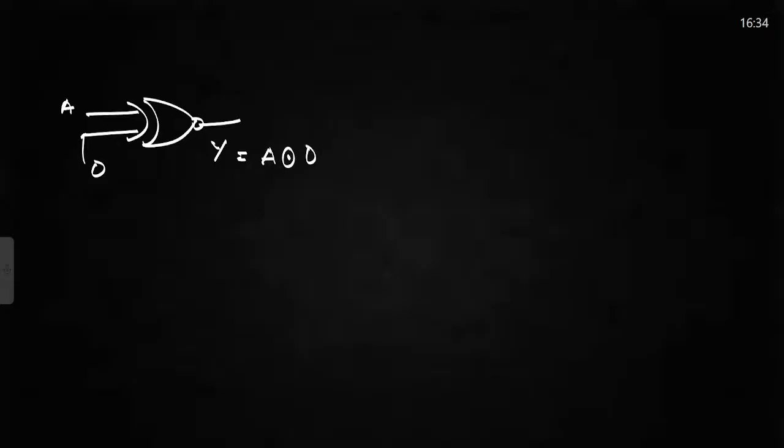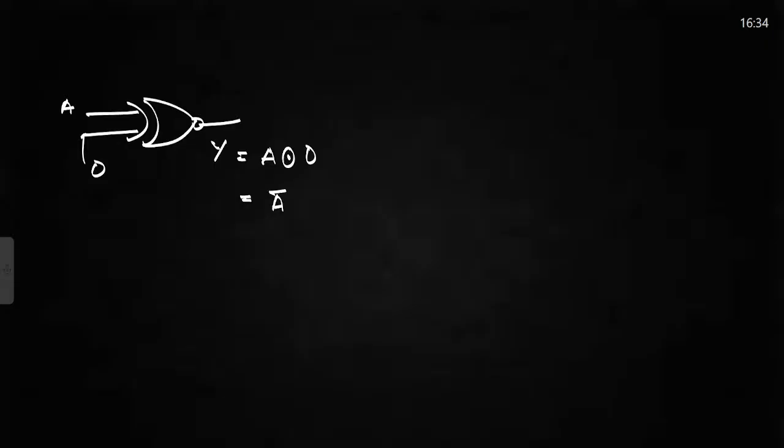Now let us understand this for the XNOR gate. For one input I am taking 0. So the output will be A XNOR 0. In properties we have learned A XNOR 0 is always equal to A bar.